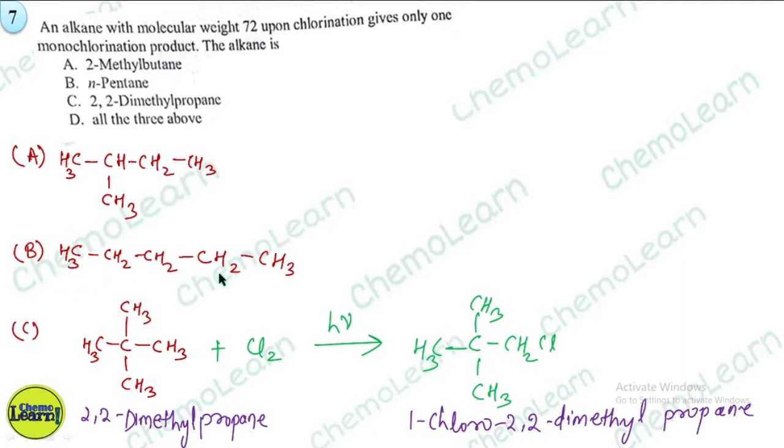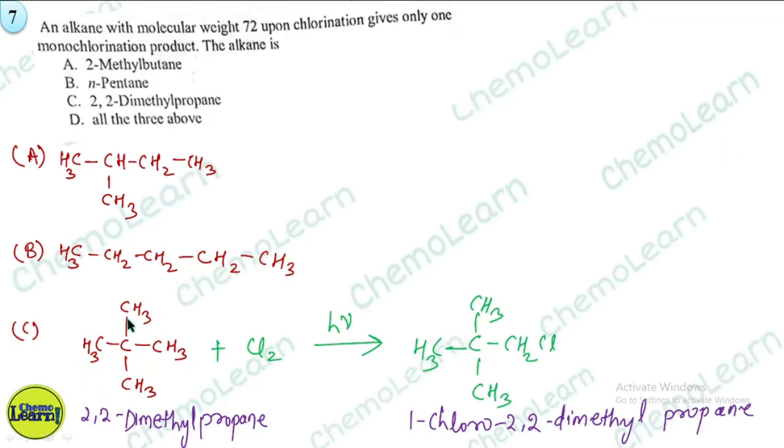Similarly, N-pentane can form 3 different chlorinated products. Here chlorination can take place here, and this carbon and this carbon are identical positions, these are also identical positions, and this is one carbon atom. So here we can get 3 different types of chlorinated products.